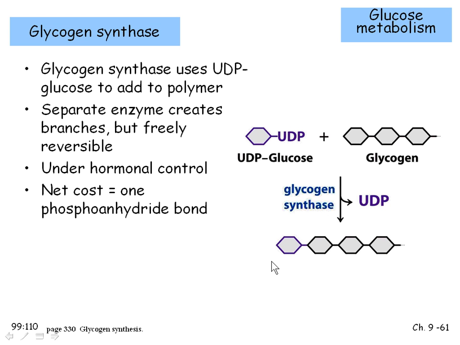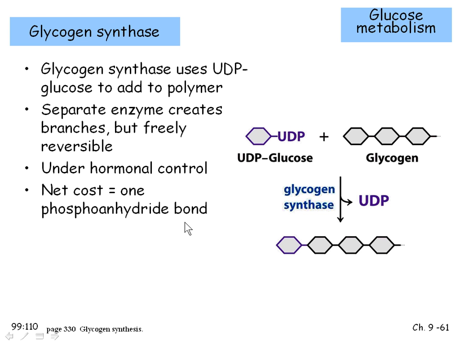At the end of the reaction, there's a glucose added at the end of the chain, and you get back UDP. So it really only costs you 1 high energy bond to do this, if you do the math on both sides. There's another enzyme that can make branches. It can pick up a bit of this and stick it on there to make a more or less branched form of glycogen. That reaction is energetically reversible. There's lots of it.